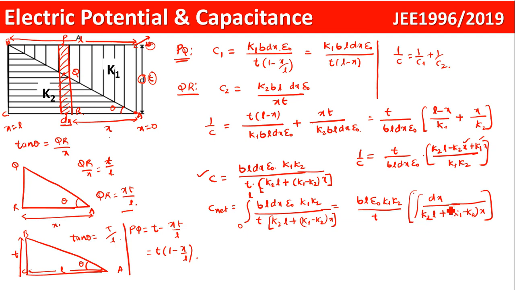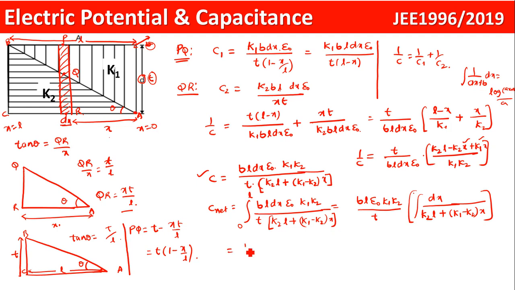So that's it. Basically the integral of 1 by ax plus b dx is equal to log of ax plus b divided by a, I mean the coefficient of x, that's the answer.